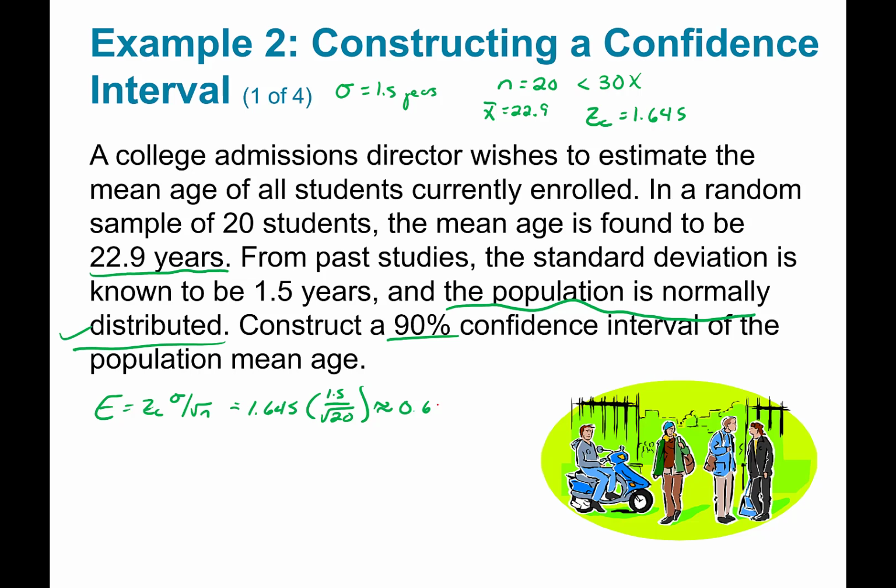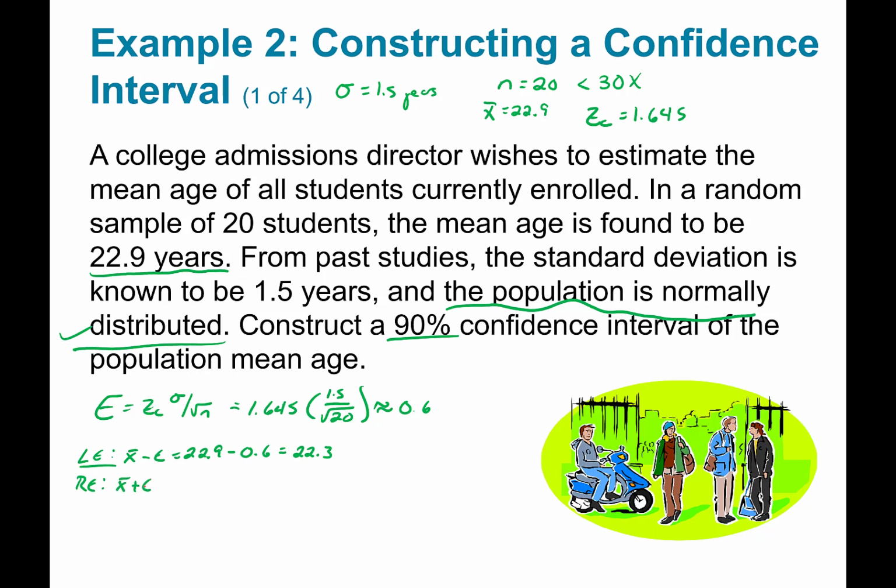So now our confidence interval is going to be, so let's find our left endpoint. So that's x bar minus E. So remember, left is lower, so make it smaller. You're subtracting. So this is going to be 22.9 minus 0.6. And we get 22.3. And our right endpoint. So right, we're making it bigger.